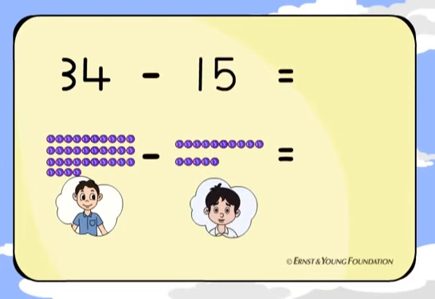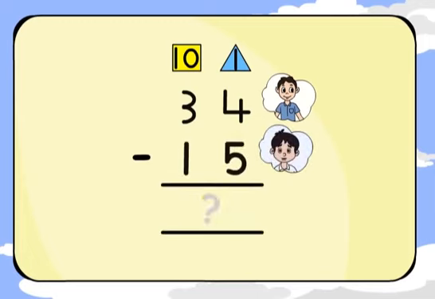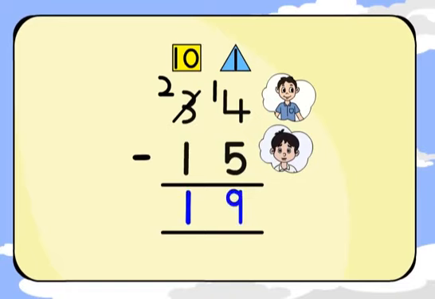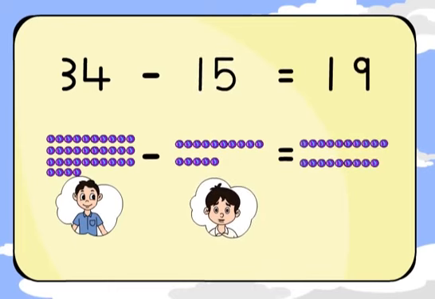How many more marbles does Chinu have? 34 minus 15 is equal to 19.